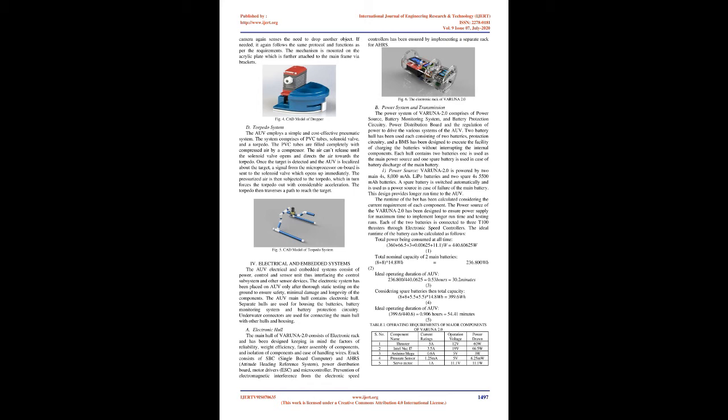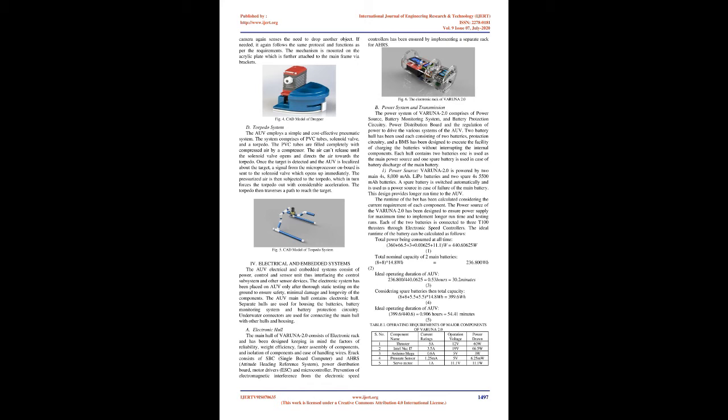1. Power source. VARUNA 2.0 is powered by 2 main 4S, 8000 mAh LiPo batteries and 2 spare 4S, 5500 mAh batteries. A spare battery is switched automatically and is used as a power source in case of failure of the main battery. This design provides longer runtime to the AUV.